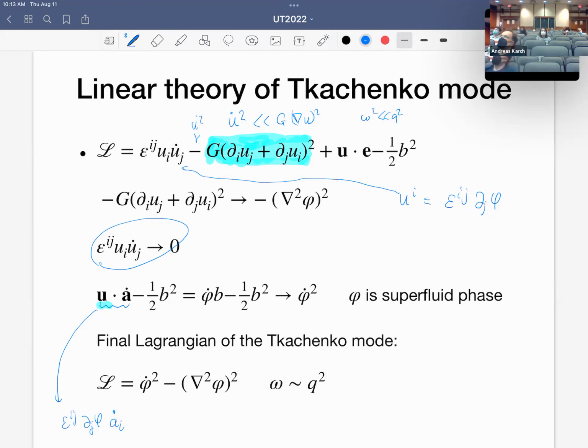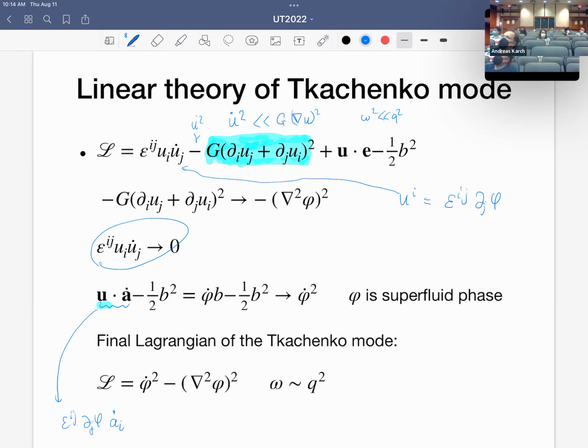In this Kohn mode, we have a locking between the superfluid phase fluctuation and the lattice fluctuation. The lattice fluctuation is a derivative of that superfluid phase. The final Lagrangian of the mode then becomes phi dot square minus the elastic energy, the gradient of phi squared. And from that, we see that omega equals q square.